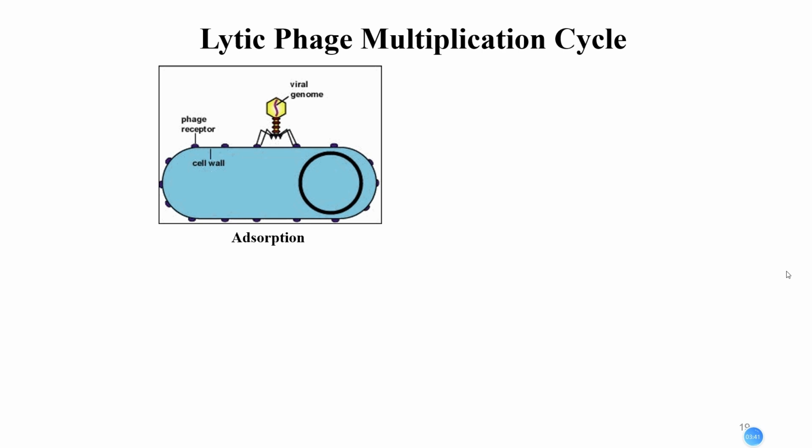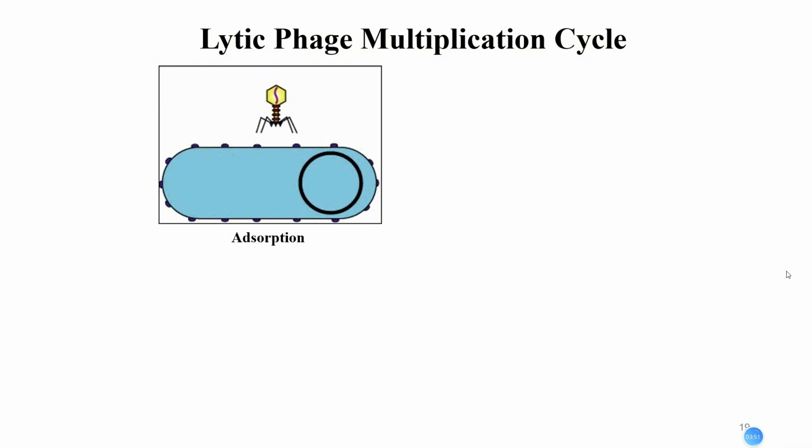So again, let me show you the life cycle of the two different types of phages. The first one is the lytic phage. The first step of the phage infection is attachment, or adsorption.